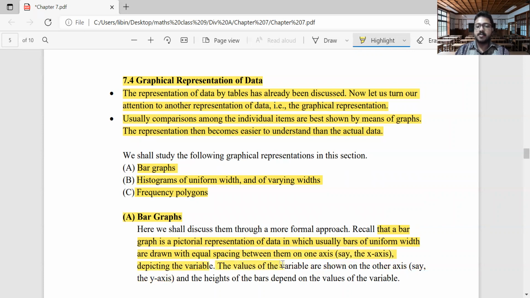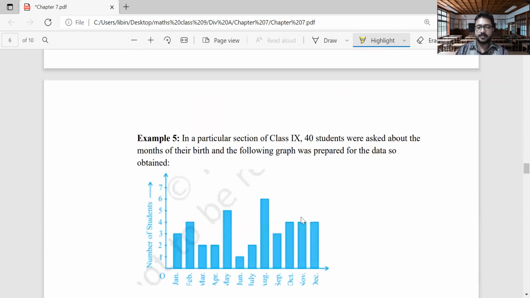The values of the variable are shown on the other axis, and the heights of the bars depend on the values of the variable. Don't worry, these definitions are not necessary for exams. Just look at the figure.